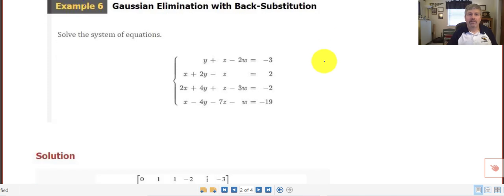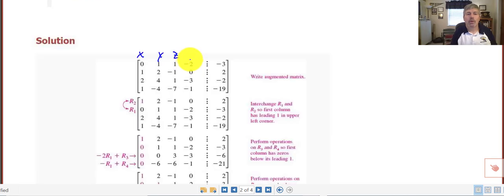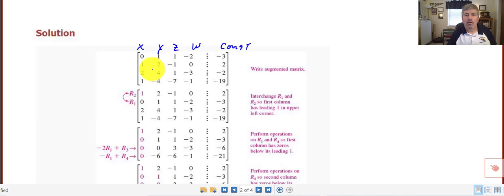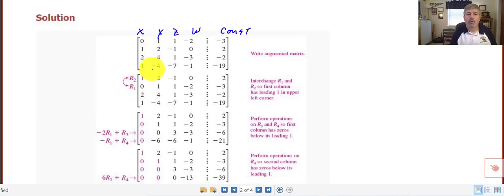So let's say we've got this system of linear equations. Variables are x, y, z, and w. We have our coefficients for x, y, z, and w, and then our constant. So we've got our augmented matrix here. What we want to do is make sure we have a leading 1.